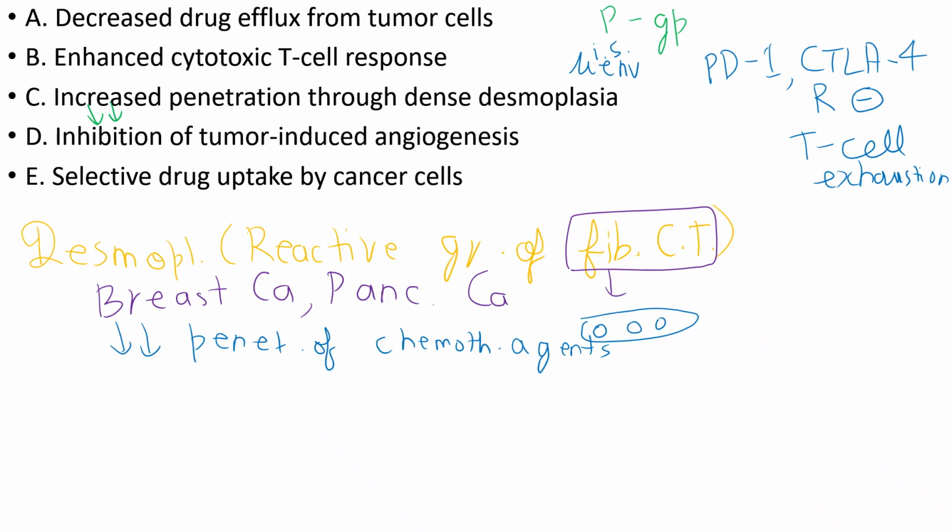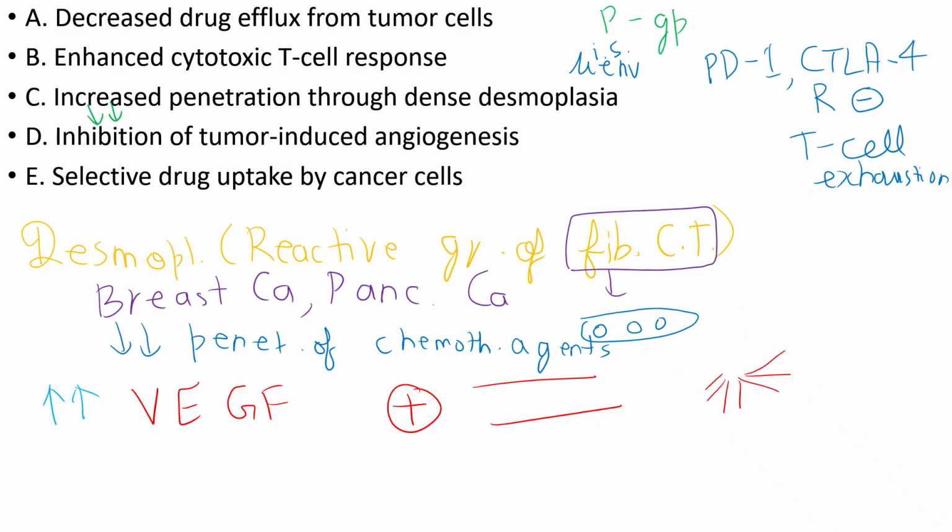Choice D, inhibition of tumor-induced angiogenesis. So increased expression of vascular endothelial growth factor within tumor stimulates growth of new blood vessels, which all of you know. That is how tumors grow and proliferate in our body, right? Angiogenesis, formation of new blood vessels.